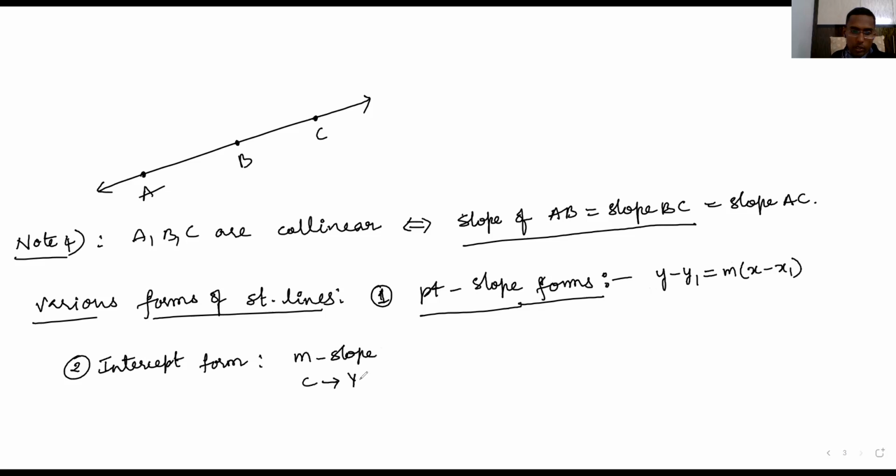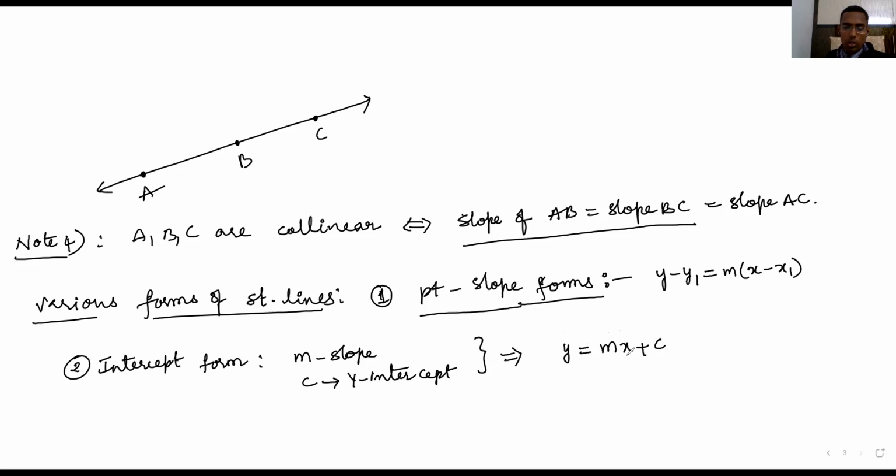With these two given, what is the equation of the line? This is a very important form. Y equal to mx plus c.